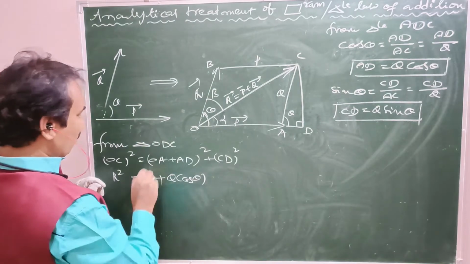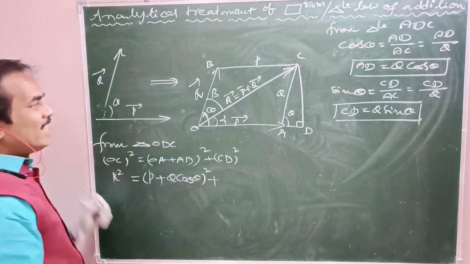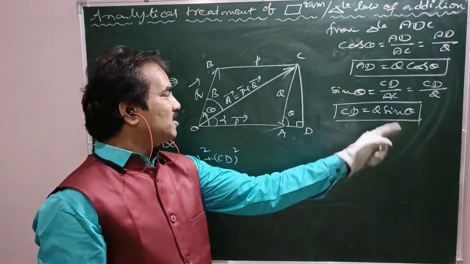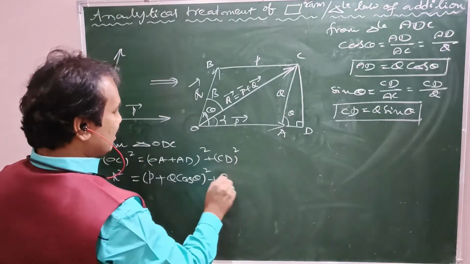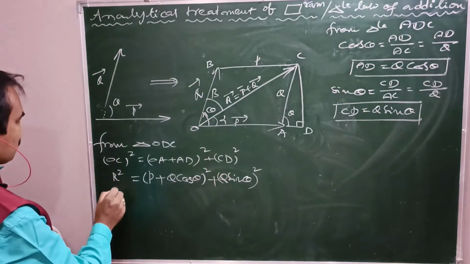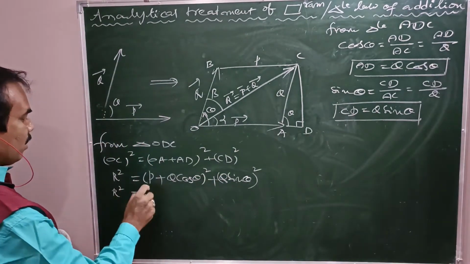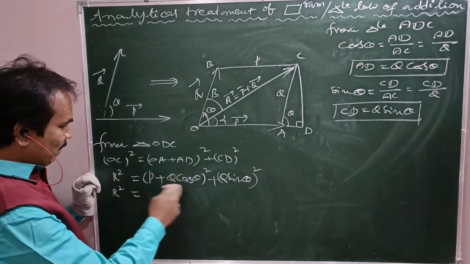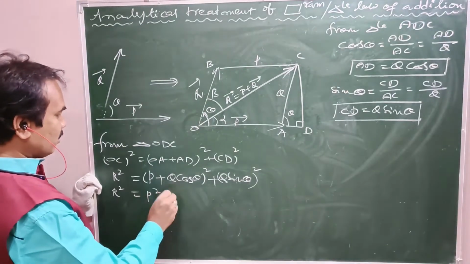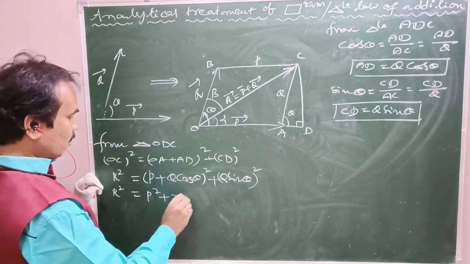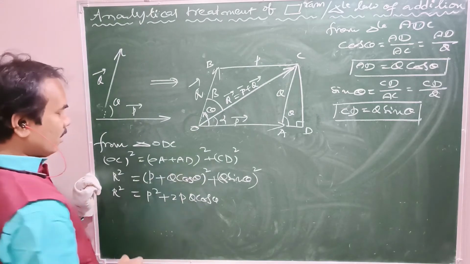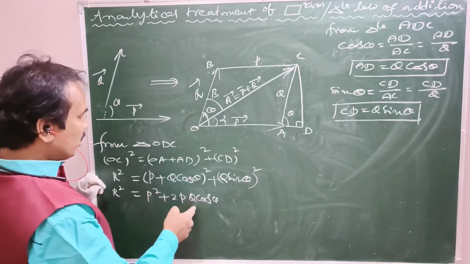Q cos theta whole square plus CD square. What is CD? CD means Q sin theta. That is Q sin theta whole square. So R square equal to A plus B whole square. A plus B whole square means A square plus 2AB plus B square.